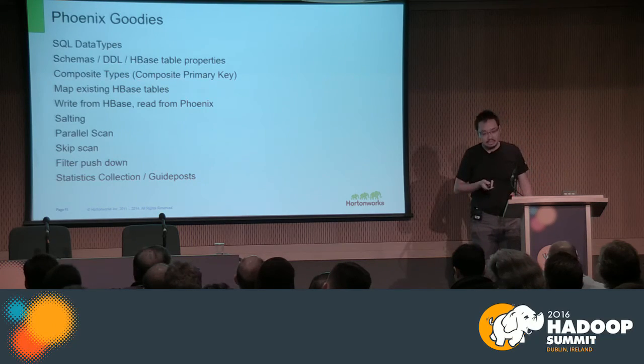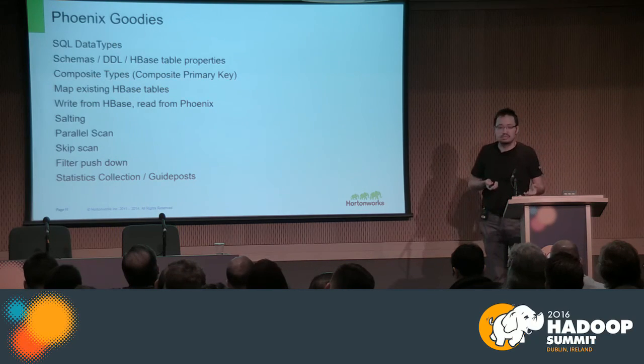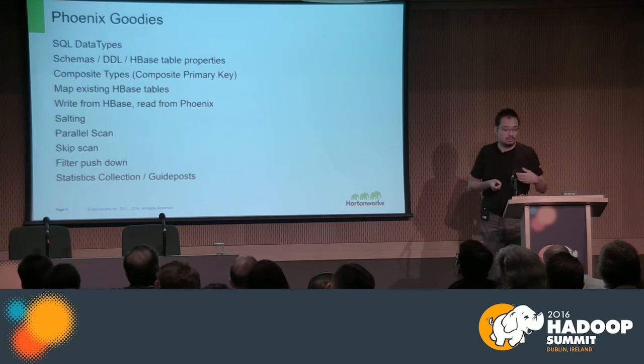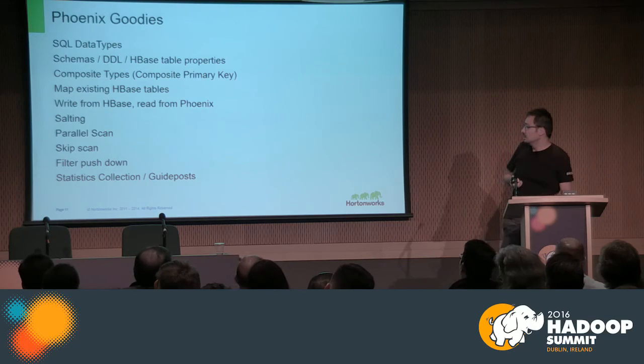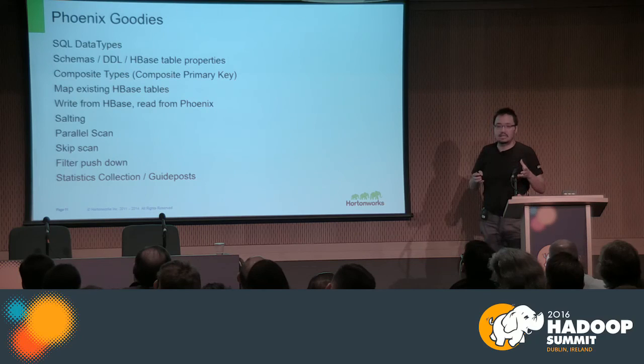Obviously, you can map existing HBase tables into Phoenix tables, so you can even write from HBase but read from Phoenix. This enables use cases where you want really high throughput writes but also want analytical or ad hoc queries on top of the existing HBase tables.